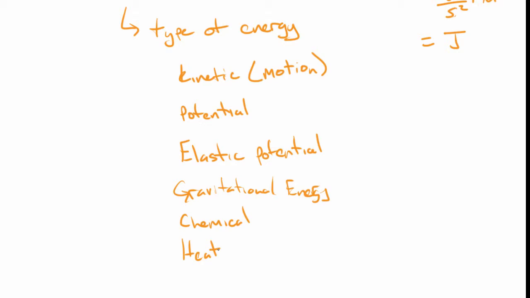These are just a few examples. We're not going to do heat in this class. You have to take thermodynamics. We will deal with gravitational potential energy, elastic potential energy, and kinetic energy. You'll deal with a different type of potential energy in Physics 224, namely electric potential energy. So we'll see a few of these.